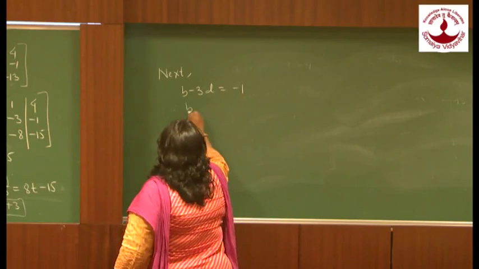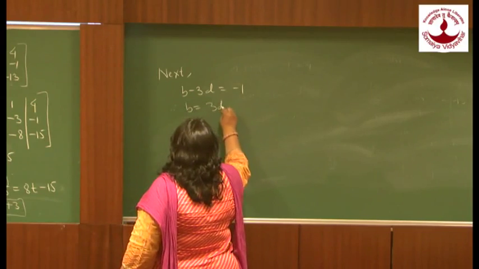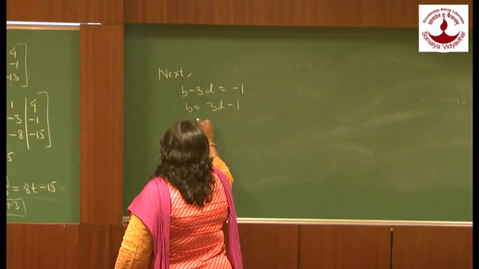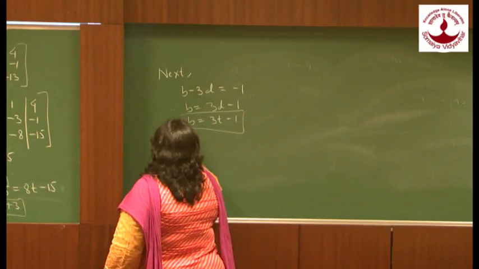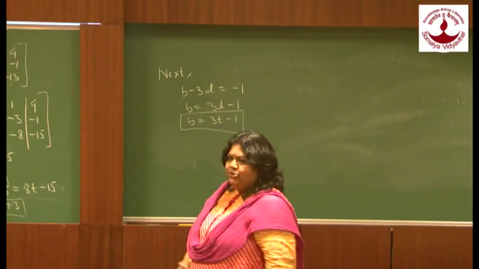So that is B equal to 3D minus 1, that is equal to 3t minus 1. We have completed finding the value of B also.